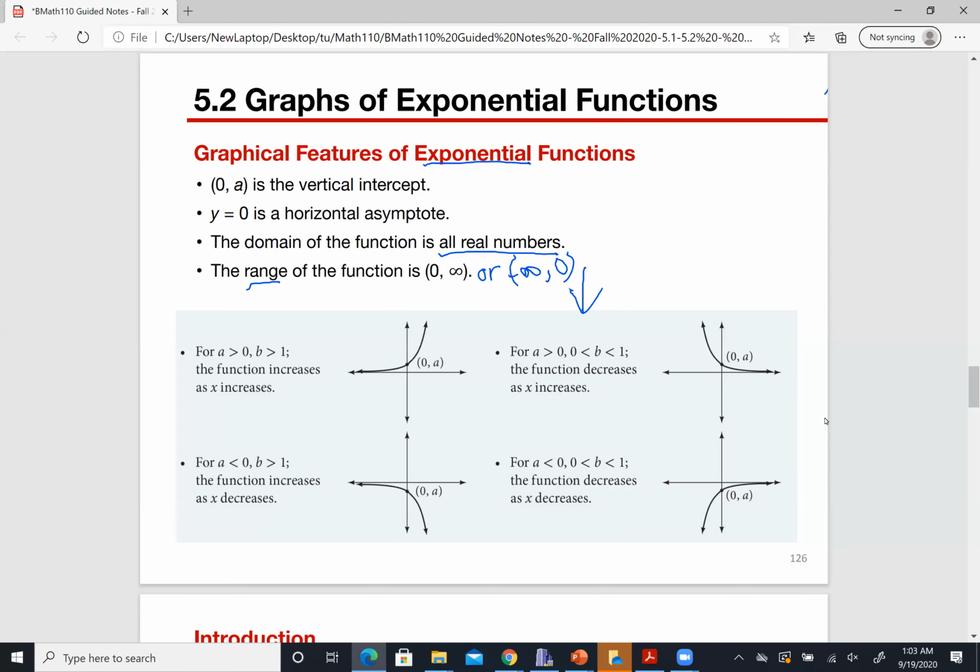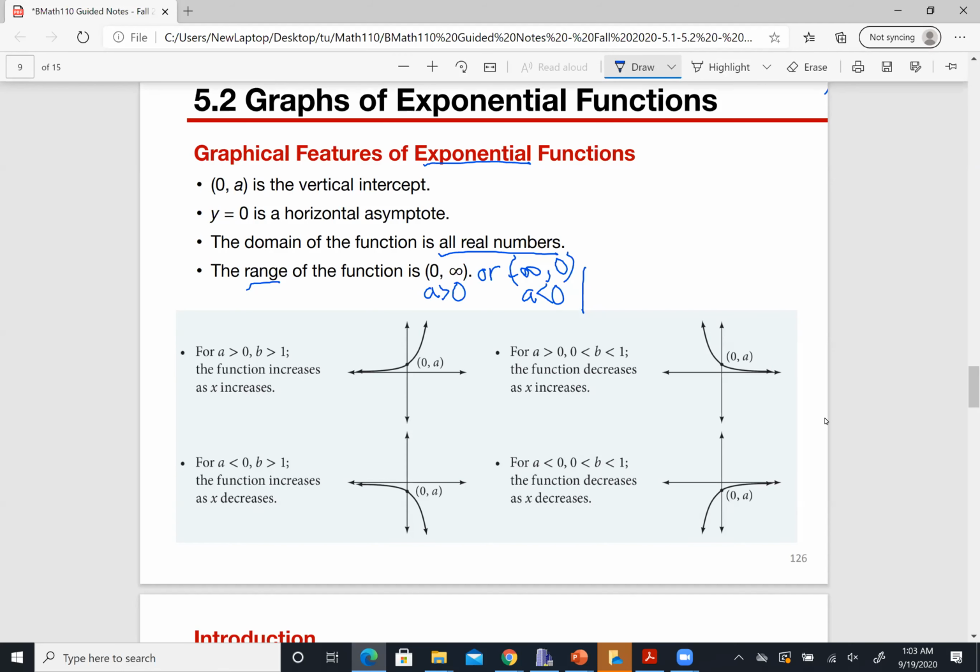So for a greater than 0, it is the first, and for a less than 0, it is the second. I may have to separate that.